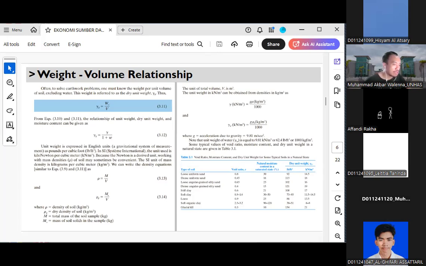Okay, so that's why in the field, once we know the unit weight of soil in the moist condition, or moist unit weight, and if you know the moisture content, then we can definitely calculate the dry unit weight of that soil.